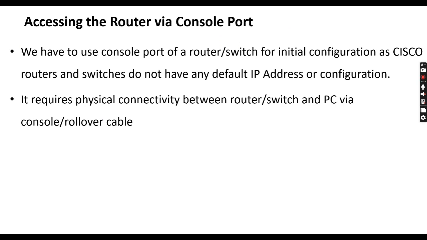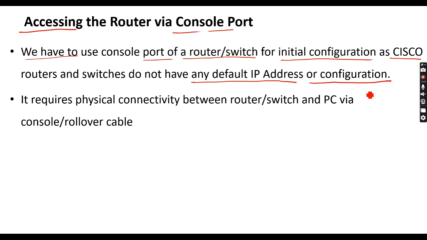Now, just to highlight a couple more points, just read this. Accessing routers via console port. We have to use the console port of your routers or switches for the initial configuration, as Cisco routers and switches do not have any default IP addresses and do not have any default configurations.